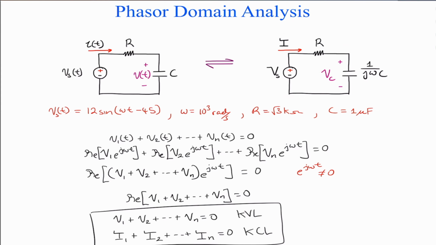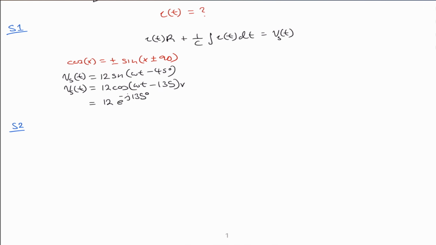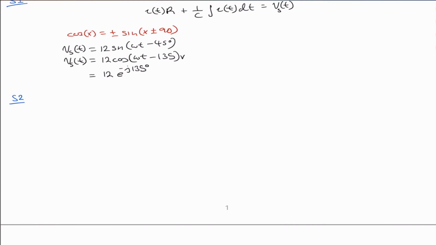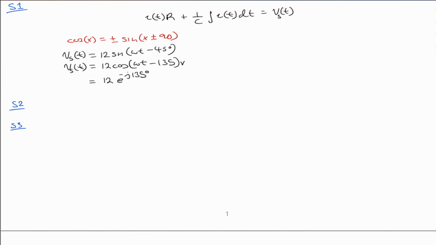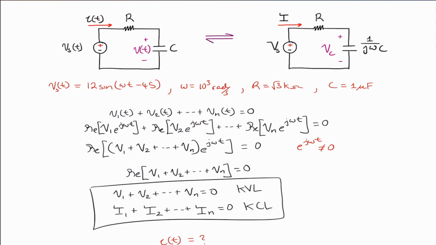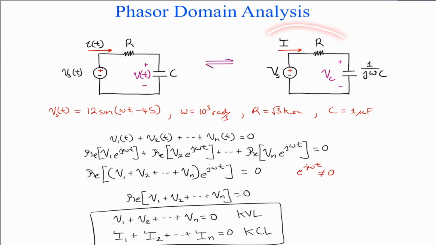So step 2 is we transform to phasor, and we can say step 3, we use appropriate techniques and solve for the unknown. So step 2 is above, which is here.